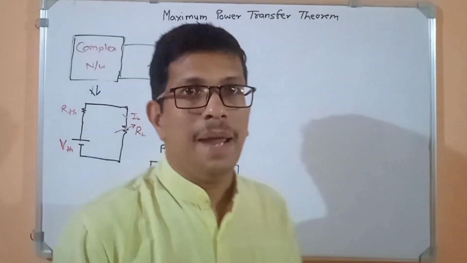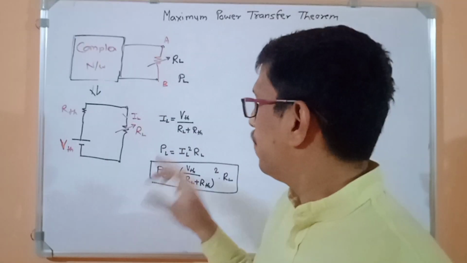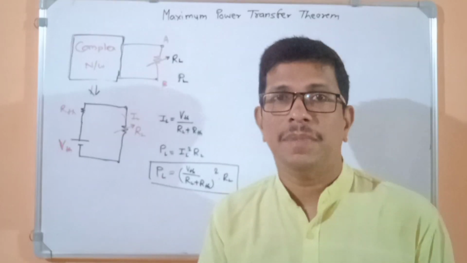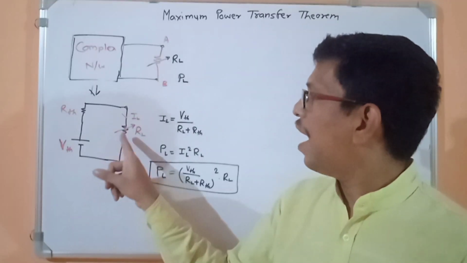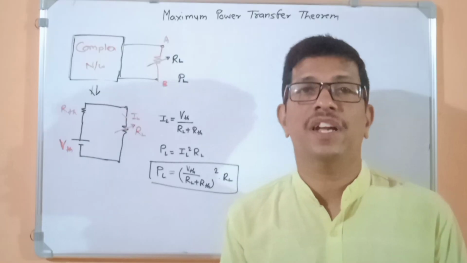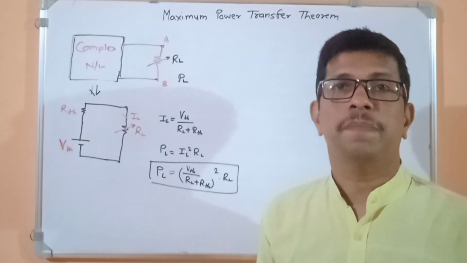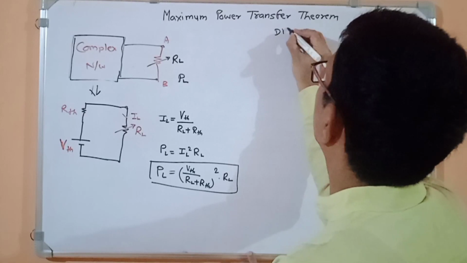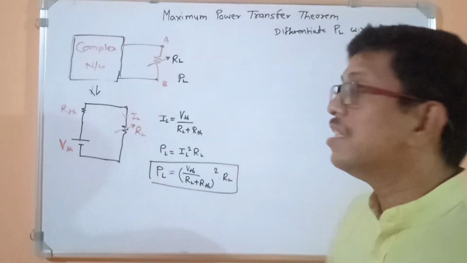Now our aim is to find the condition so that this power will be maximum. Now what is the variable here? RL. So we have to differentiate this PL with respect to RL and compare it with 0.